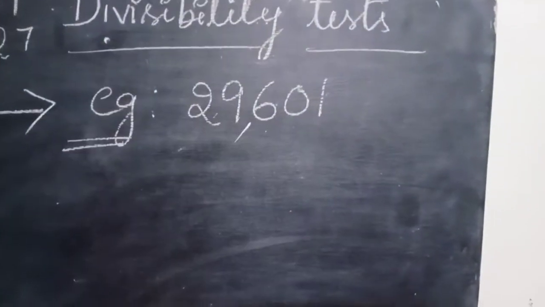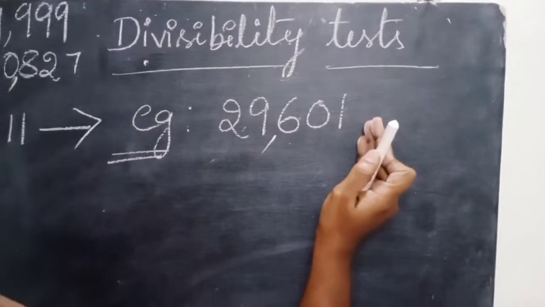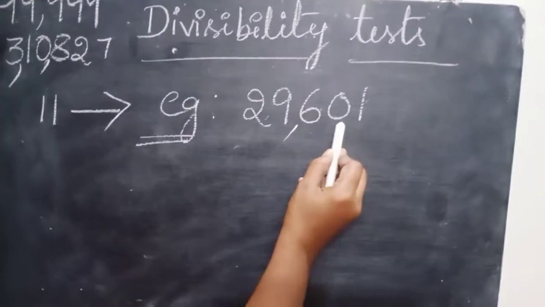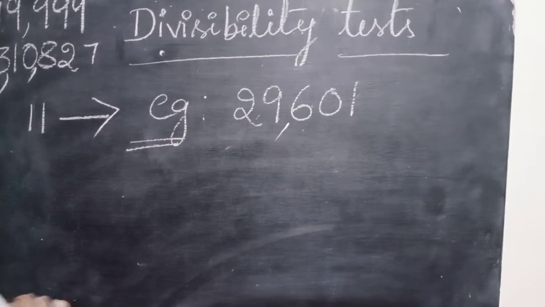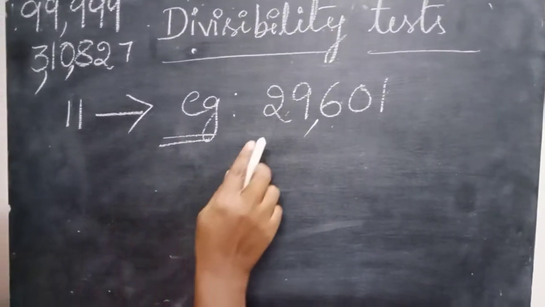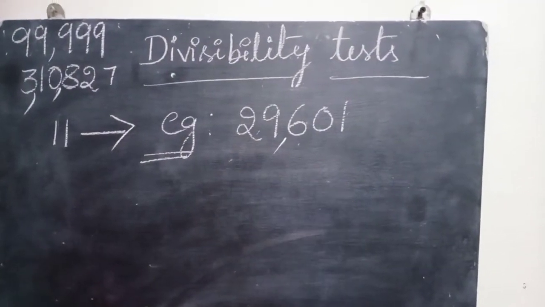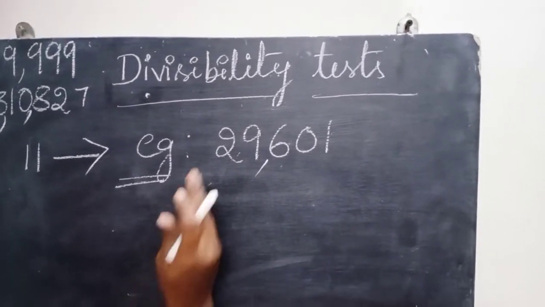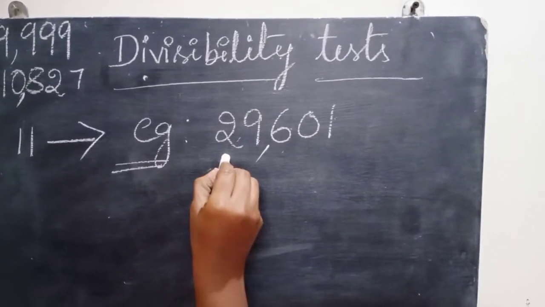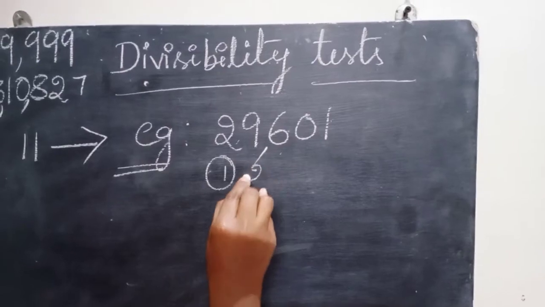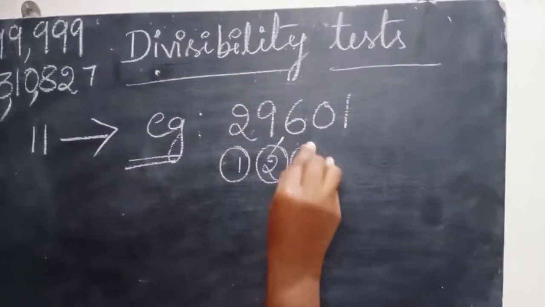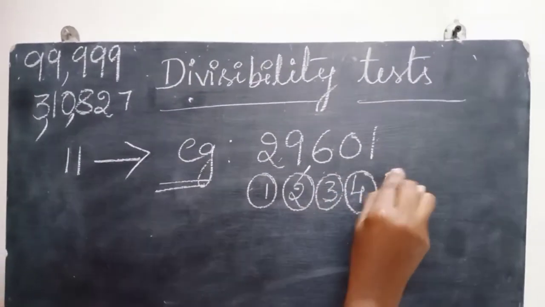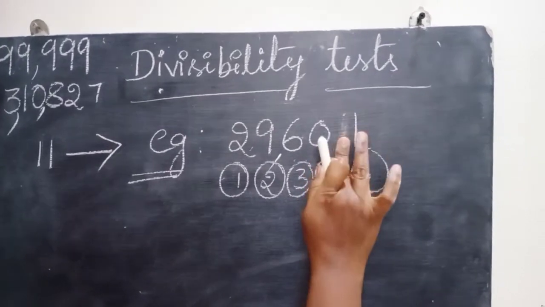Usually in mathematics we count from right to left: units, tens, hundreds, thousands, 10,000s. But while counting the odd places and even places, you should count from left to right. This is the first place, second, third, fourth and fifth.